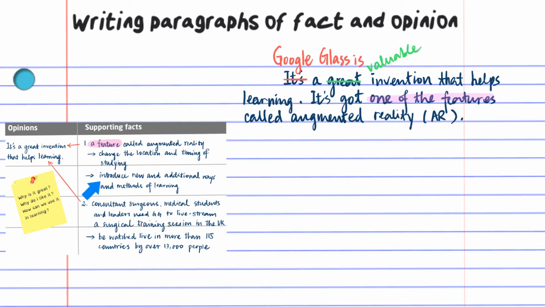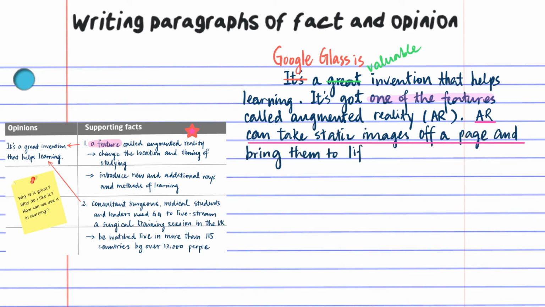But I worry my readers don't know what AR is, so I decide to add an elaboration here. AR can take static images off a page and bring them to life. It seems okay, so I'm going to write the supporting fact.